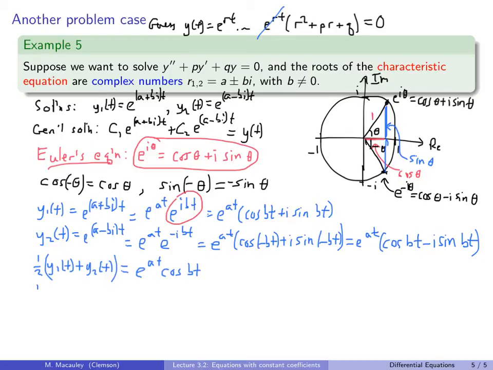So let's take y1 of t minus y2 of t, and let's divide by 2i. If we do that, then we don't have an i out front. So we have e to the at times sine of bt.